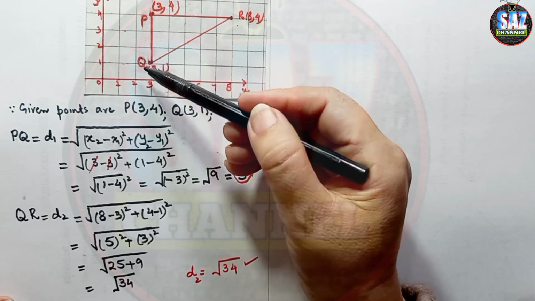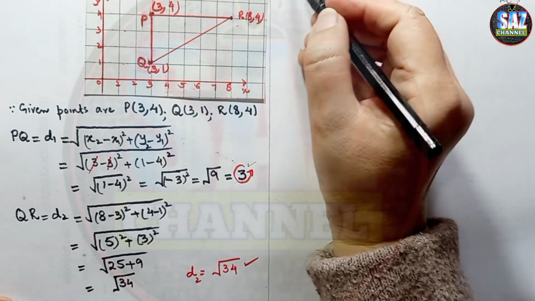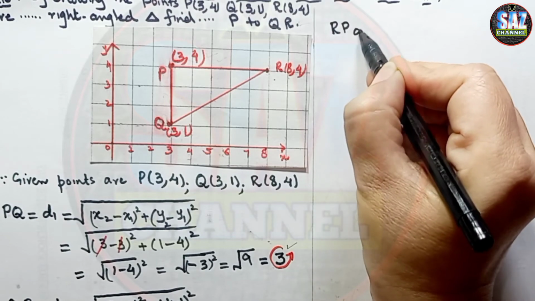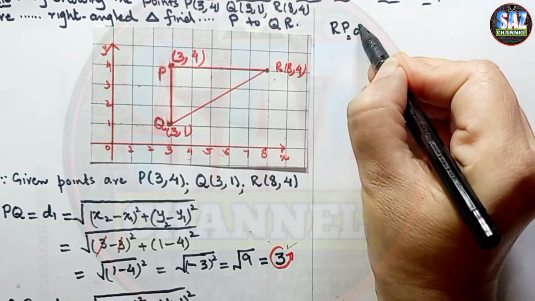P to Q is done, Q to R is done, then R to P distance, that can be marked as D3.